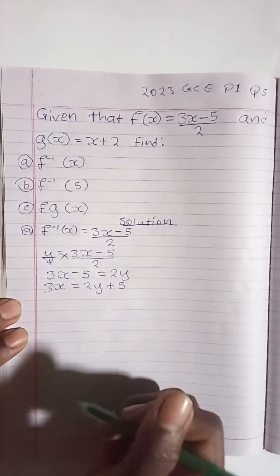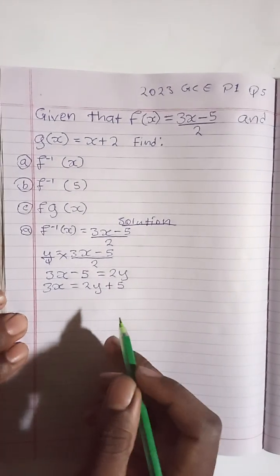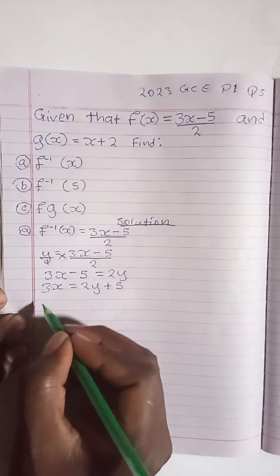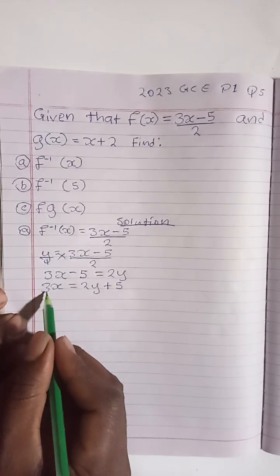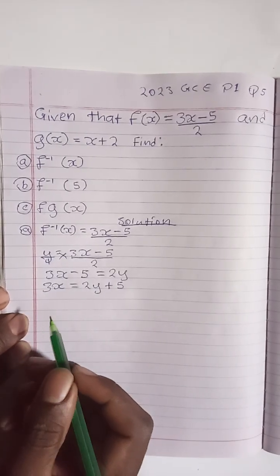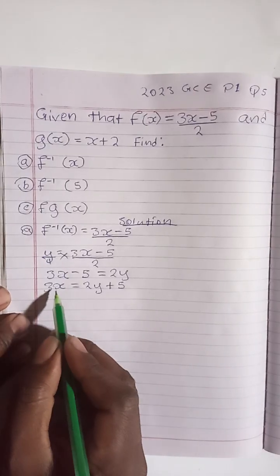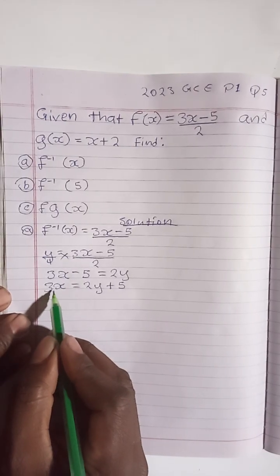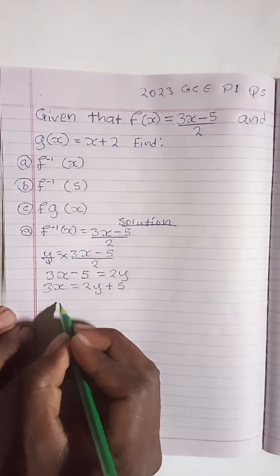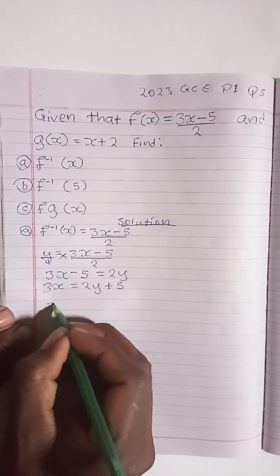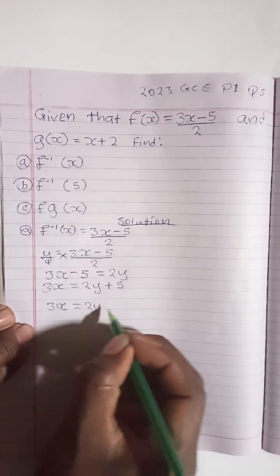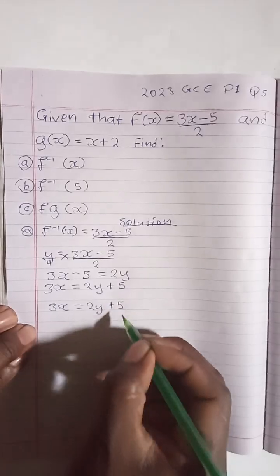The next step that we're going to do, we want to get rid of this 3 so that the x should remain alone, because our main focus is to make x the subject of the formula. So let me just write it here. 3x equals 2y plus 5.